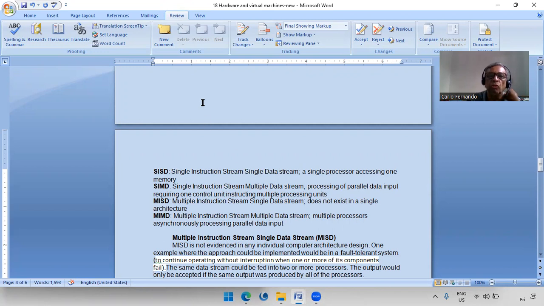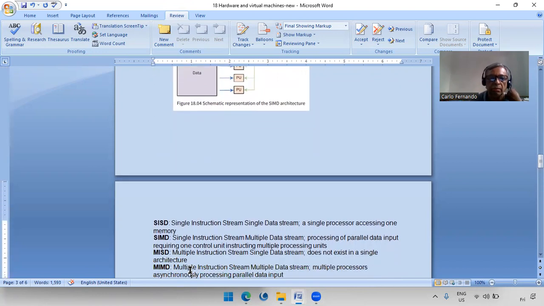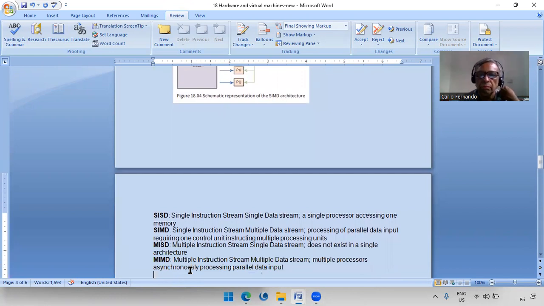So PU, we saw 4 PUs there, no? Multiple processing units. There is one control unit, but instructing multiple processing units.